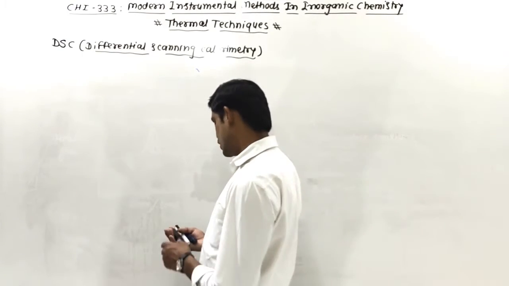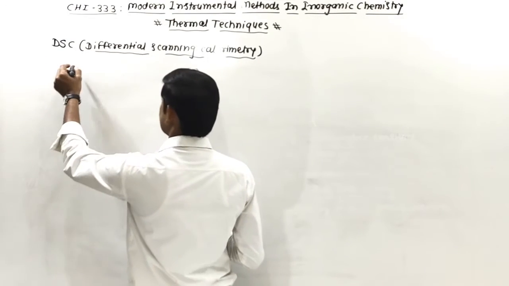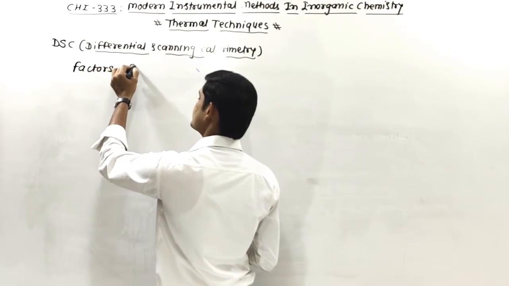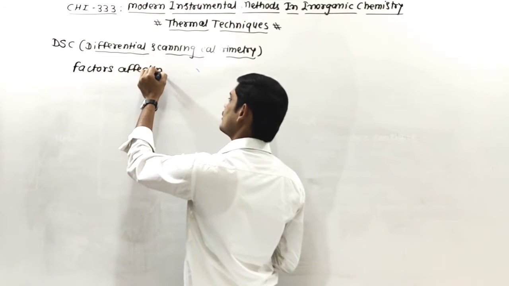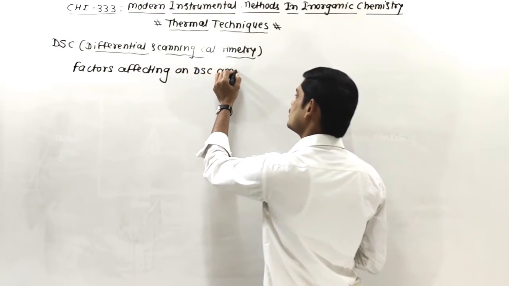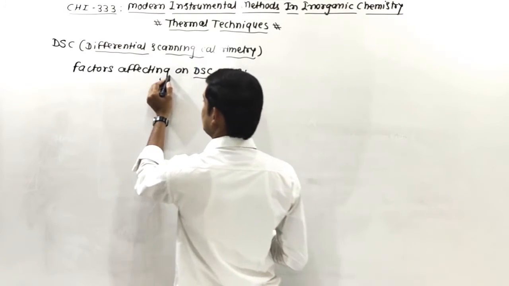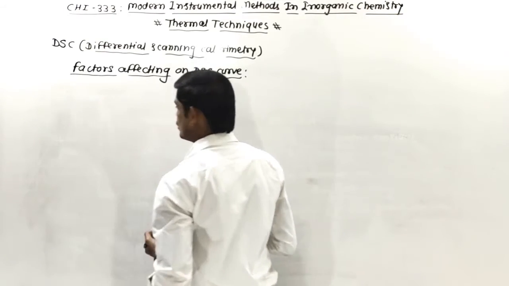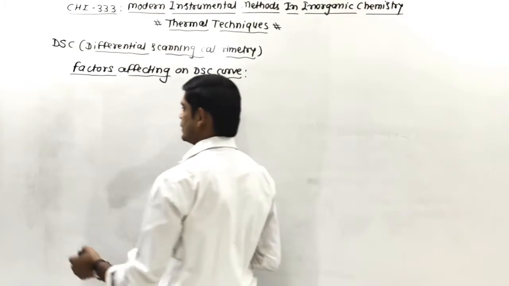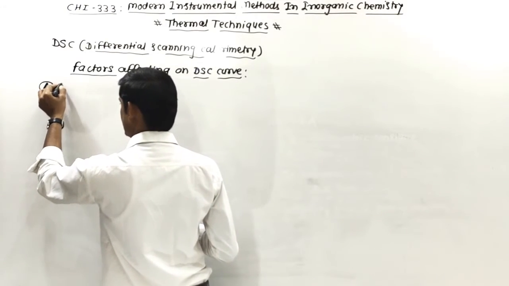So now we will talk about the factors affecting a DSC curve. The two important categories of factors are there. First one is the instrumental factor.